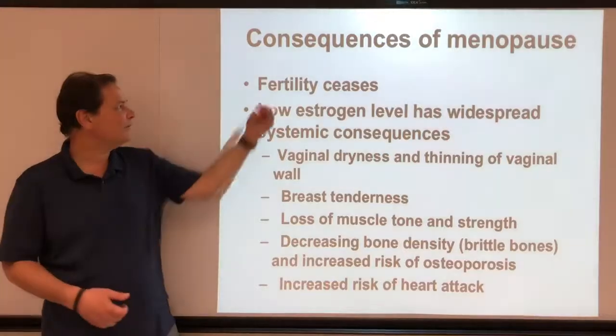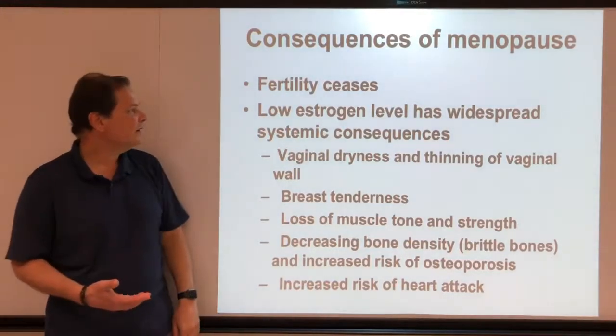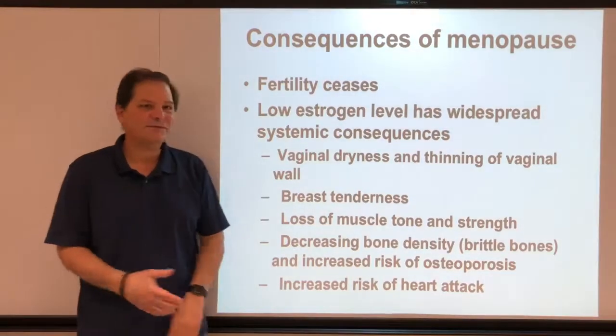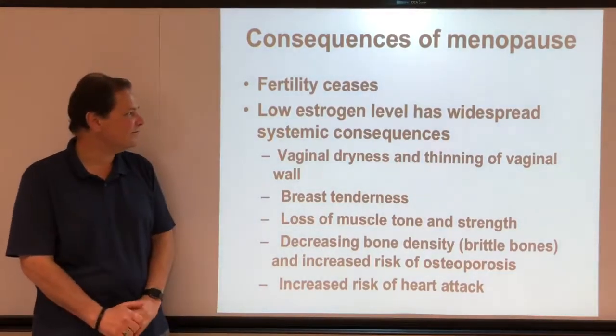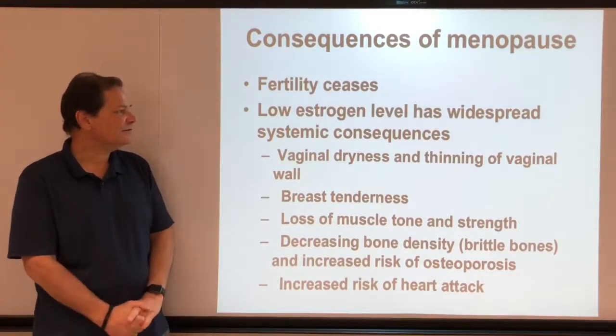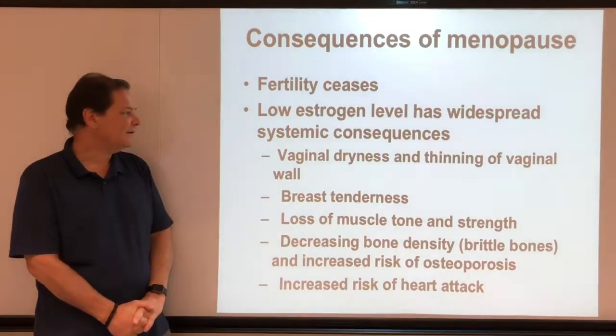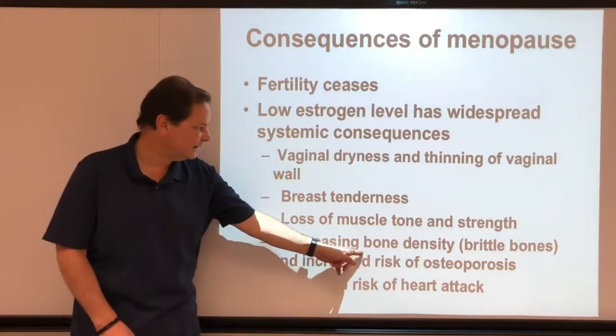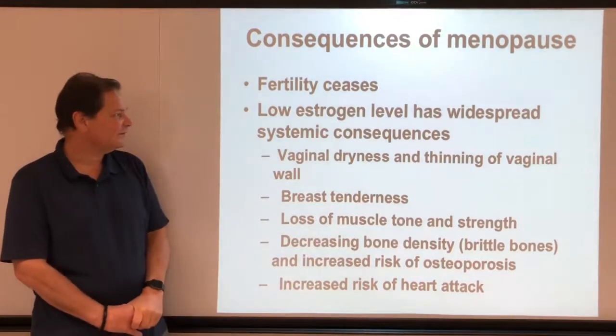And so lack of estrogen leads to a sustained level of FSH and LH here in those postmenopausal years. So some of the consequences: fertility ceases, of course, and estrogen is a target for a lot of different tissues and has a lot of different effects, and the lack of estrogen is going to cause many of those effects to become prominent. Again, osteoporosis, brittle bones being one that certainly is of note.